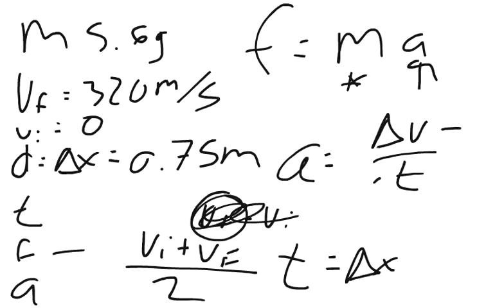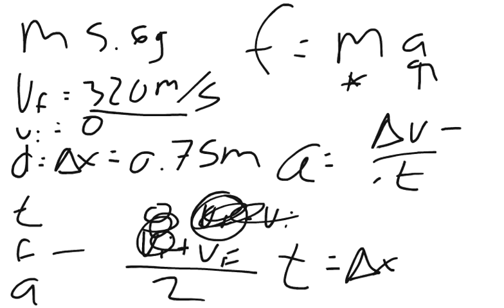We know that the initial velocity is 0, and the final velocity is given to us, so the final velocity over 2 times time equals the change of x, and we can solve that for time: the change of x divided by the final velocity over 2 equals time.